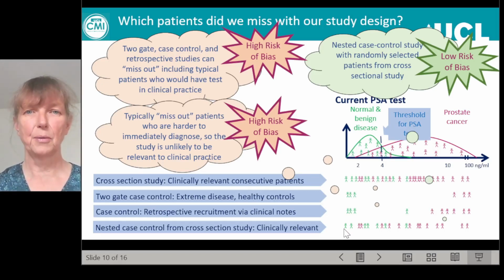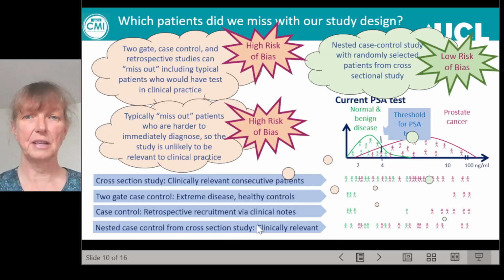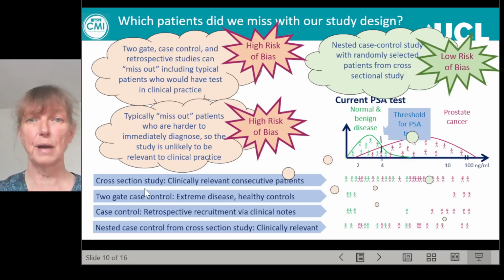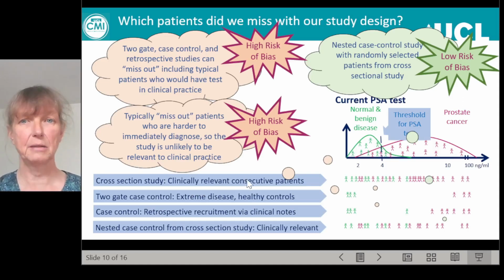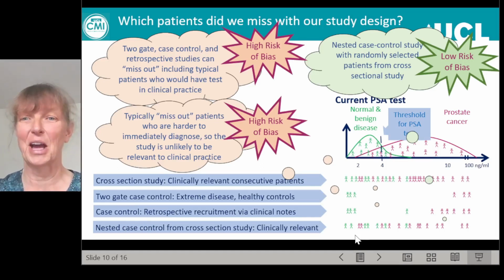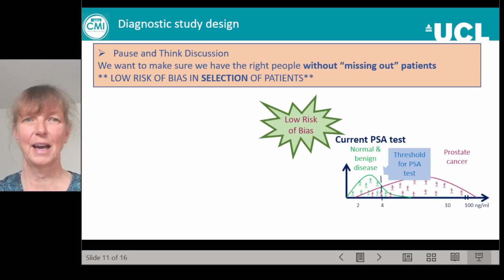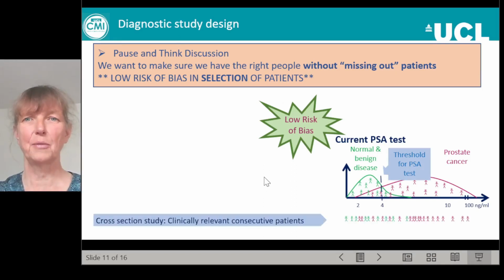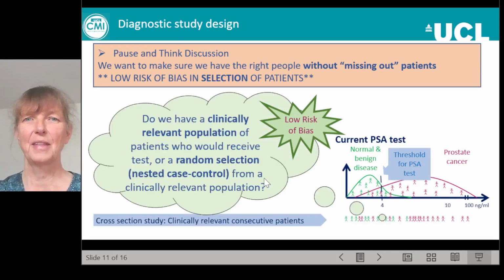And that you are also thinking about how a nested case control taken by random selection from clinically relevant consecutive patients would still be a good design, even though it's got the words case control in the title, because it's actually covering this full spectrum of the patients we'd expect in normal practice. So we need to concentrate on the low risk of bias and selection of the patients in the study design. That's really important.